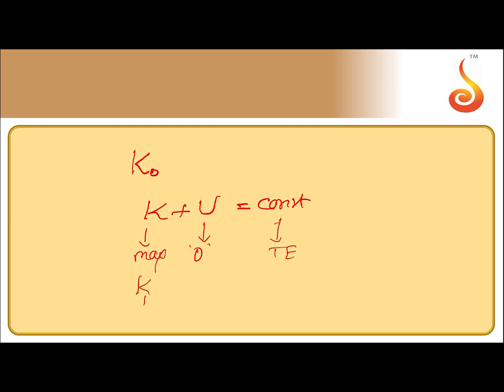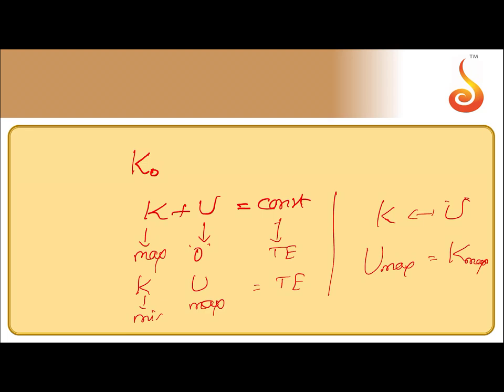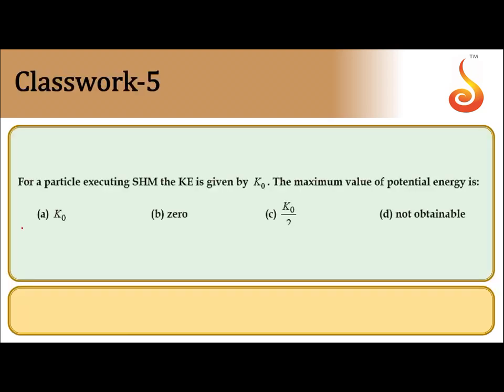When the kinetic energy becomes minimum, the potential energy becomes maximum, and that's equal to total energy. So clearly the kinetic energy and potential energy oscillate between their respective values, and thus the maximum value of potential energy is equal to the maximum value of kinetic energy, which is nothing but k naught. So the answer is A.